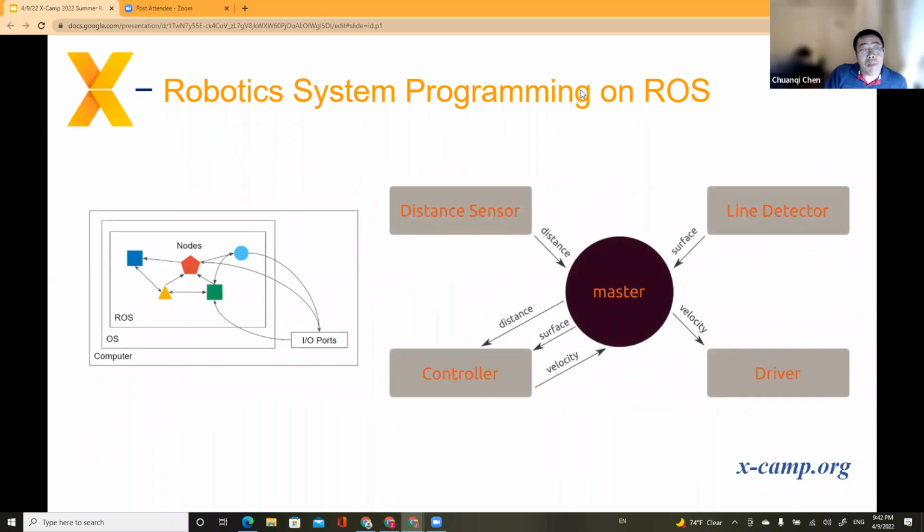So I want to talk more about the ROS modular design. ROS is more of a distributed computation. So you have a lot of different nodes that talk to each other. For example, if I'm the sensor designer, I design a module to read the input from a camera.